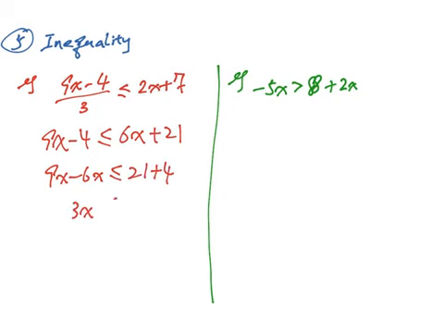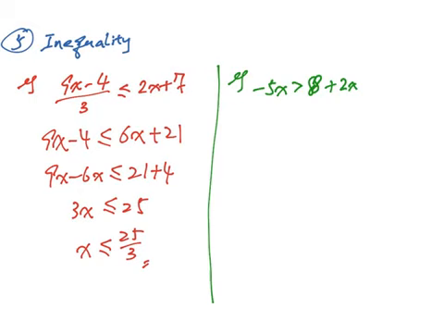So it becomes 3x less than or equal to 25. So finally x is less than or equal to 25 over 3. Next question.